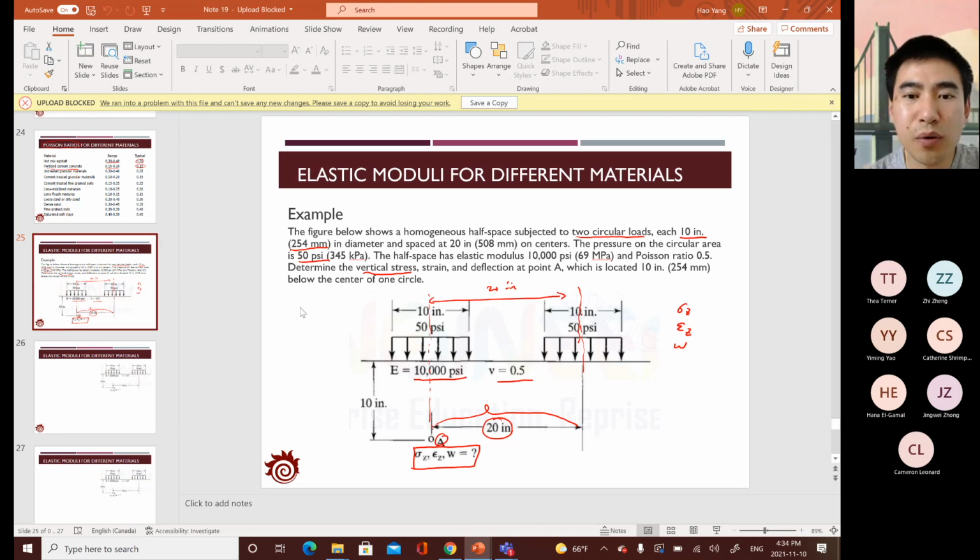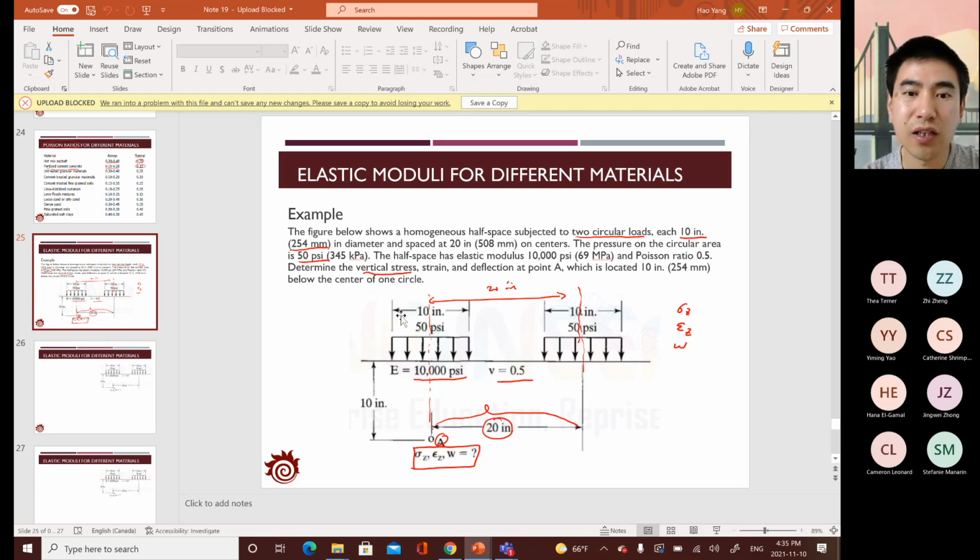The tire pressure is 50 psi, and the diameter of the contact area, which would be the contact area of the tire and the pavement, is 10 inches. And the elastic modulus of the pavement is set as 10,000 psi, and the Poisson's ratio is 0.5.